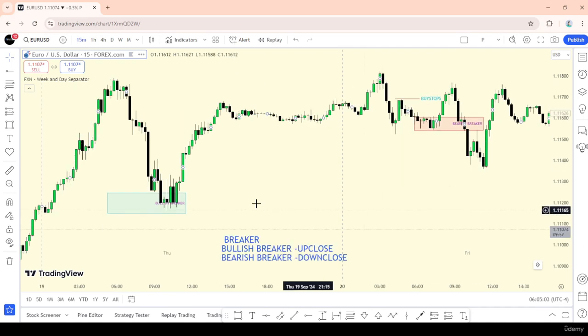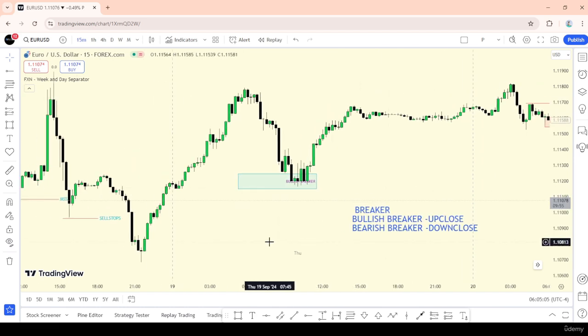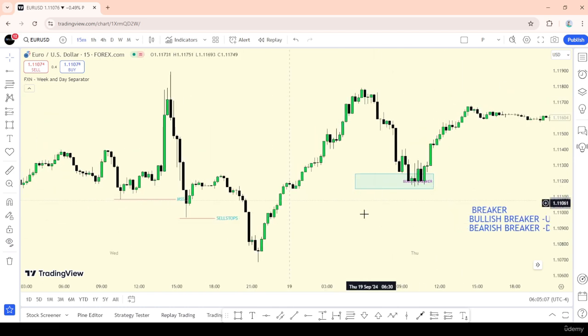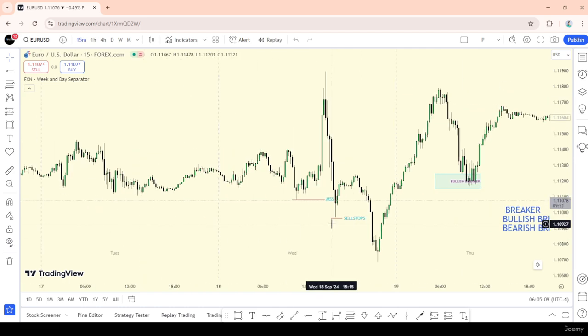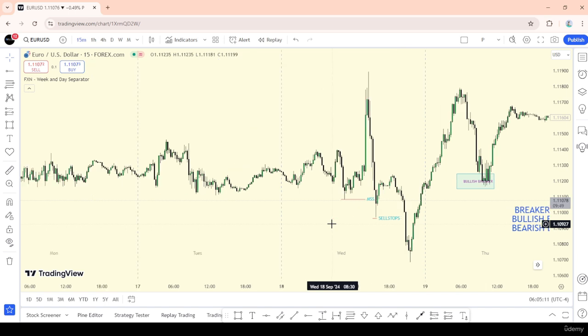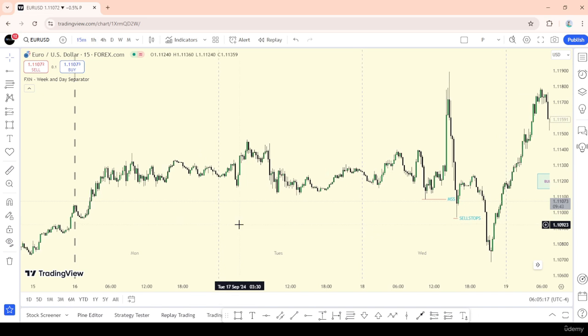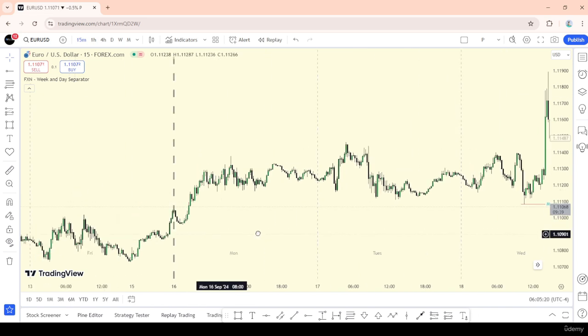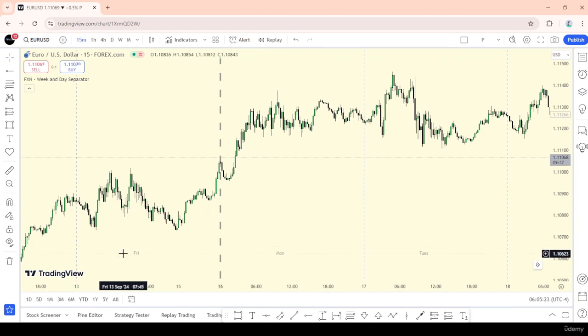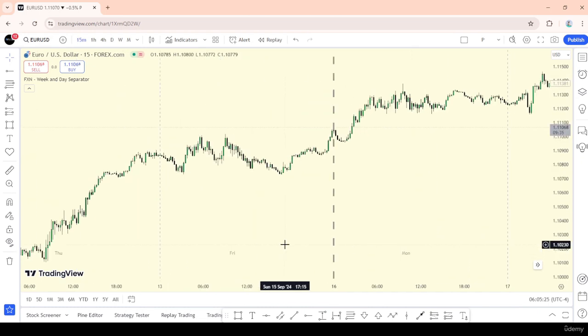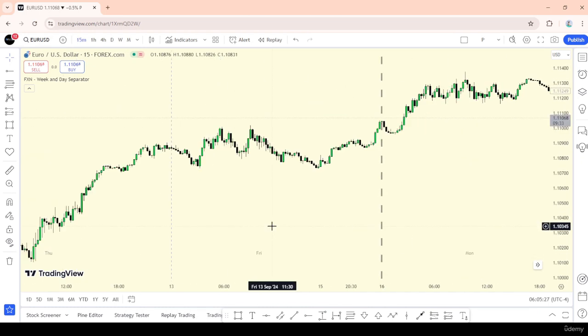Let us look at another example, the last example of a bullish breaker in price. Let us look for an area in which we ran sell stops for a bullish breaker, and then the market later came and retested.